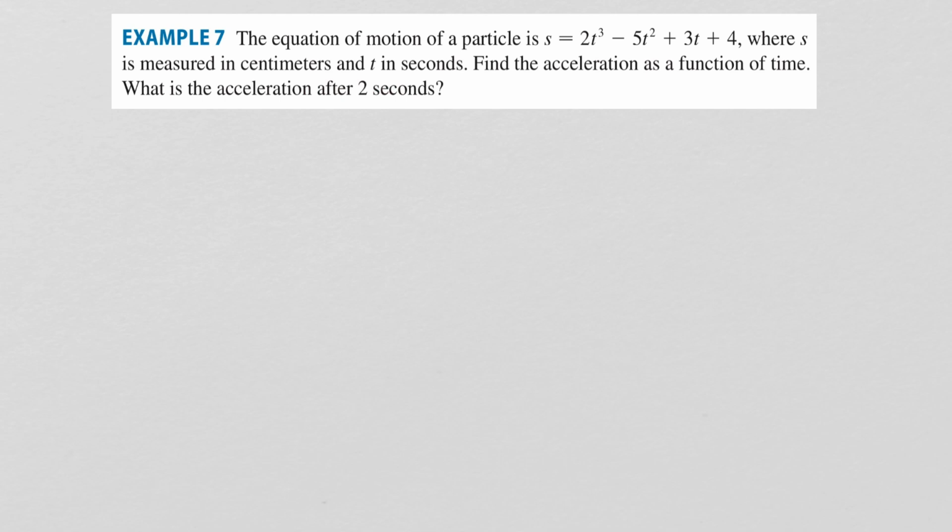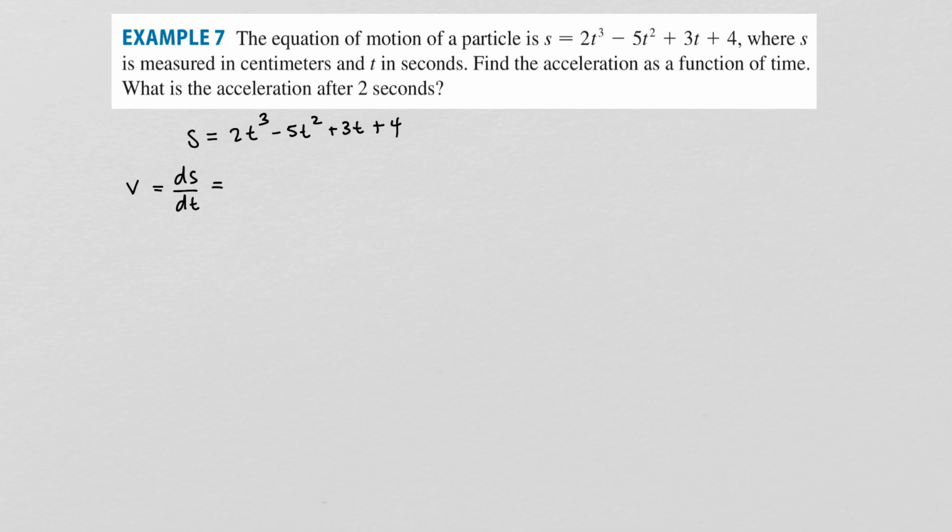So let's remind ourselves that if we have a position function s, in this case equal to 2t cubed minus 5t squared plus 3t plus 4, the first derivative ds dt gives us the velocity.